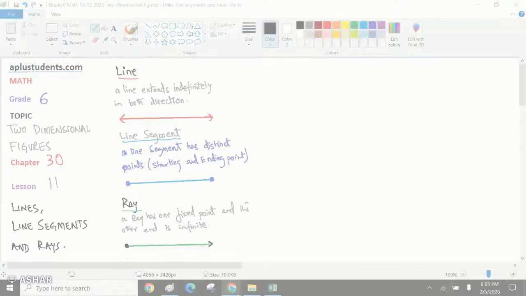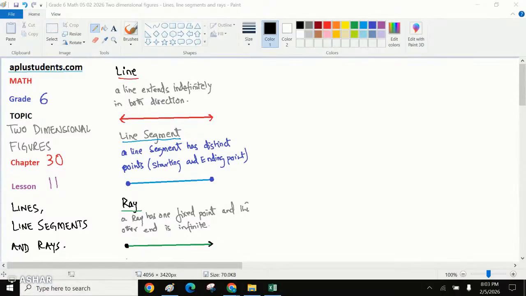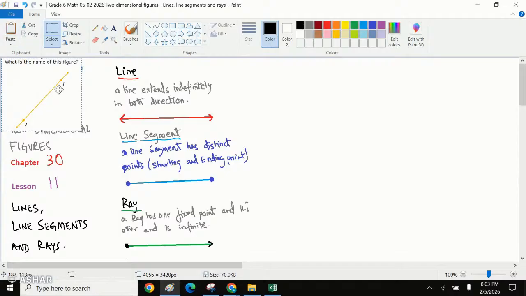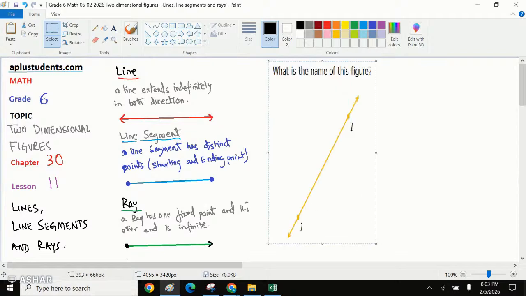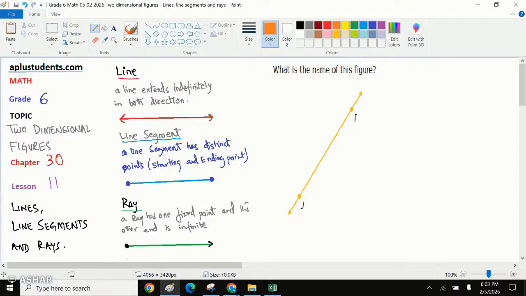They're asking us, what is the name of this figure? Question number 1 says, what is the name of this figure? Can we see arrows on either end?